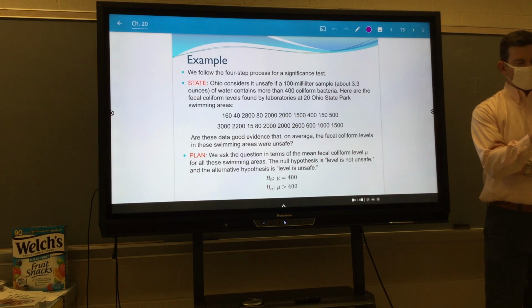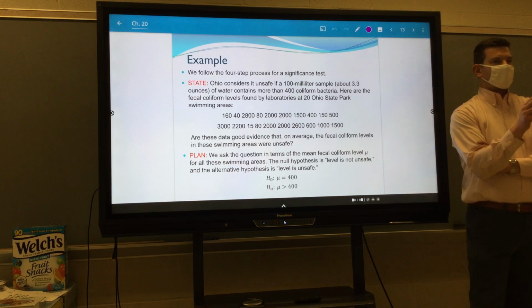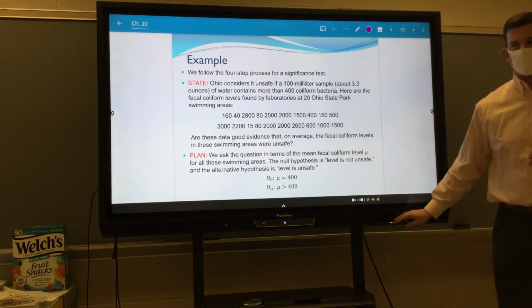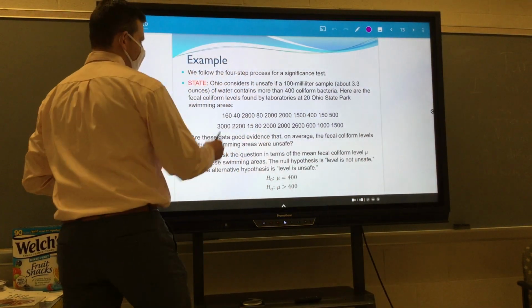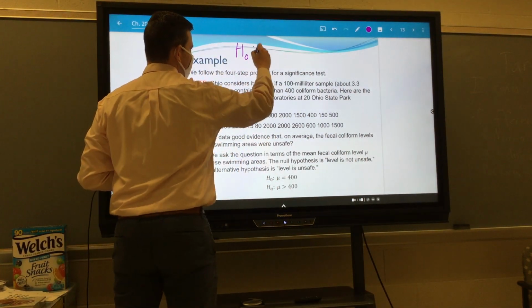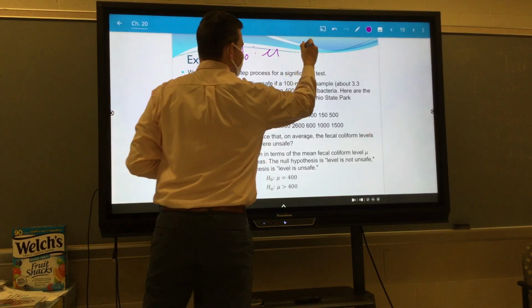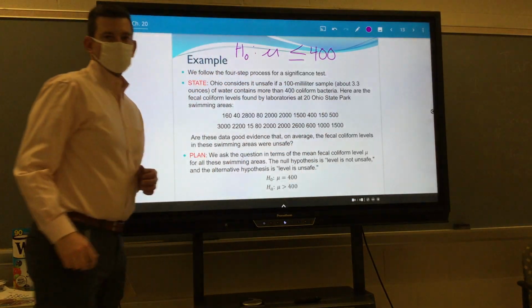That is true. But I actually introduced this originally as the null hypothesis is always some form of equality. And I think this would be a good case for us to justify that the null hypothesis should really be mu is less than or equal to 400.